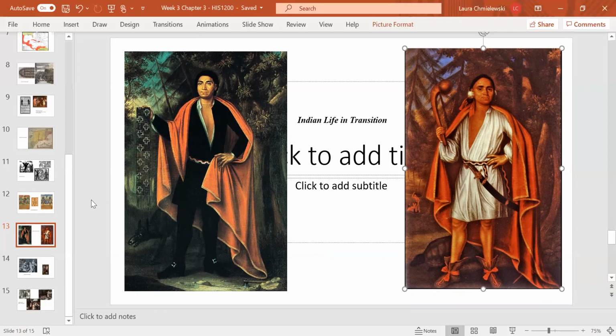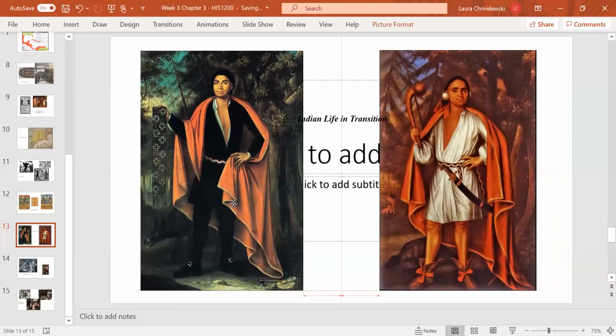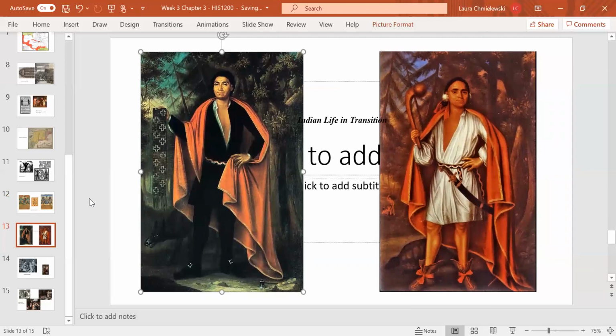Some Native American groups espouse the idea that developing very strong trade relationships with Europeans will be a positive good for their people and will transform lives in ways that they desire. And I think you can see this in these two paintings here.